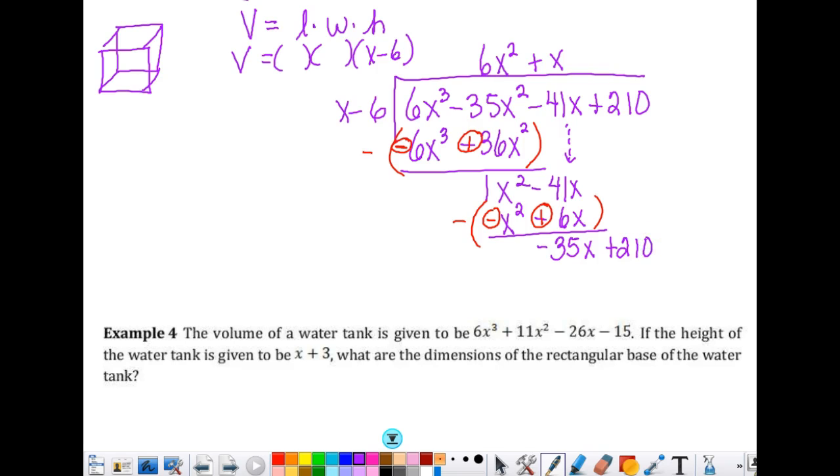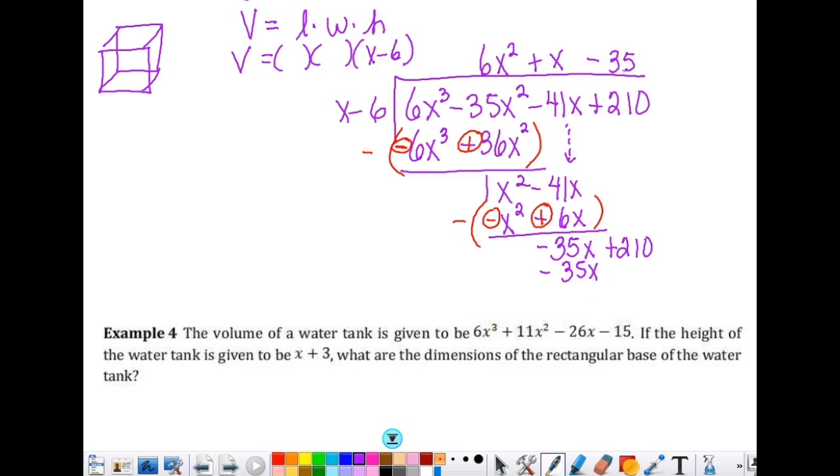Don't worry, it's going to be okay. Because this is a plain number, that means our answer right here is going to be a plain number. A plain number times x is negative 35x. What is that going to be? Negative 35. So we're going to put negative 35 here, and then we're going to multiply it out to make sure we're right. Yep, it's going to be the same.